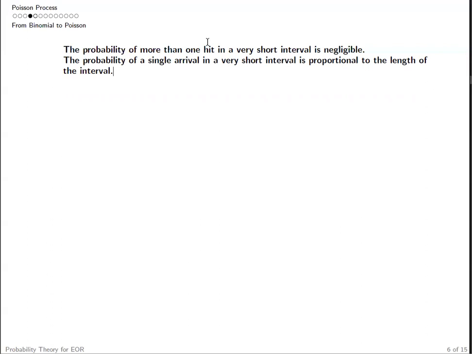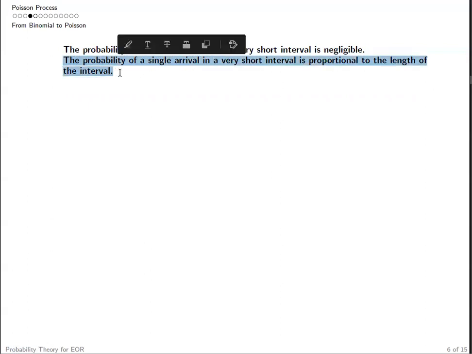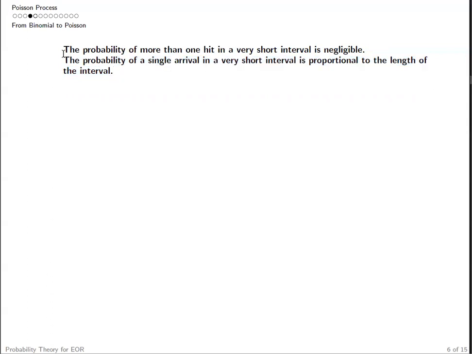So at most, the number within a very short interval is simply 1. It's either 0 or 1. And the probability of a single arrival in a very short interval is proportional to the length of the interval. So the first one specifies the possible values that could be taken by the random variable in a very short interval, right? It's either 0 or 1.